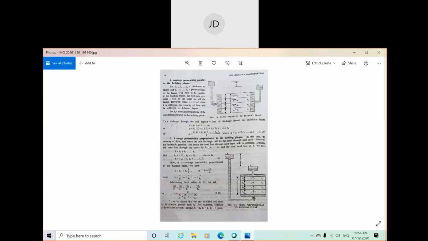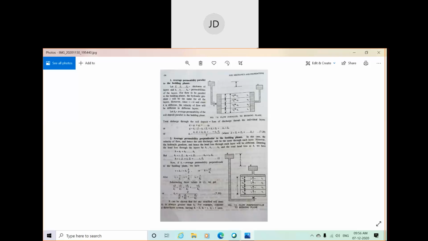I'll just give you one difference here, almost similar to case 1. The only difference, as you can see in the drawing, is that the overhead tank is fitted at the top, not at the side. In this case the hydraulic gradient will not remain the same for each layer, but the velocity of flow will remain the same.